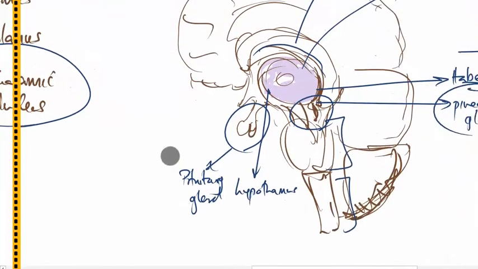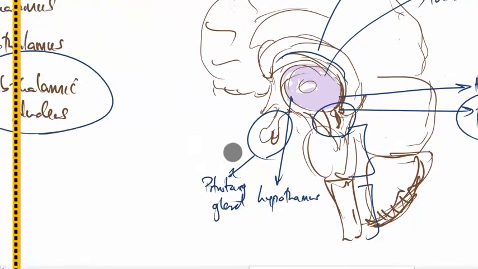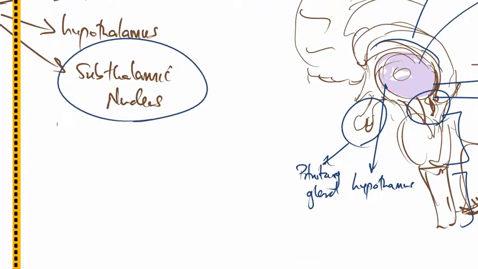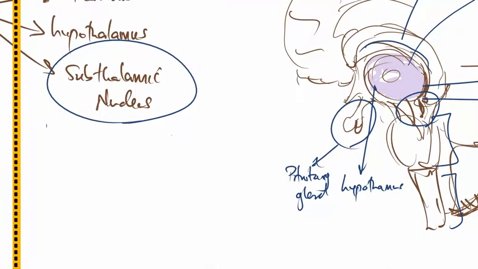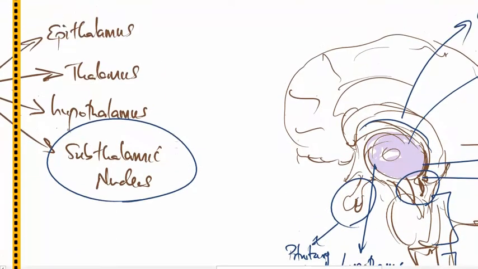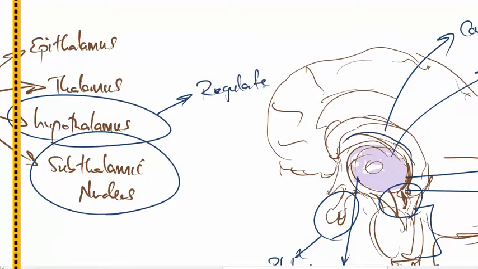Now, I didn't depict the subthalamic nucleus here. It will be hard to depict, but the subthalamic nucleus is part of your basal ganglia. Your hypothalamus, right, is going to be serving to regulate the endocrine system.